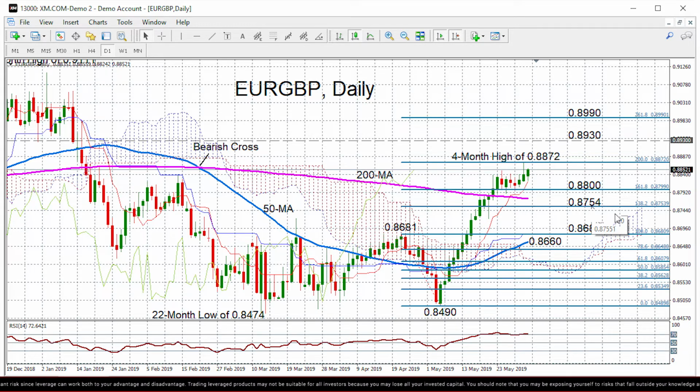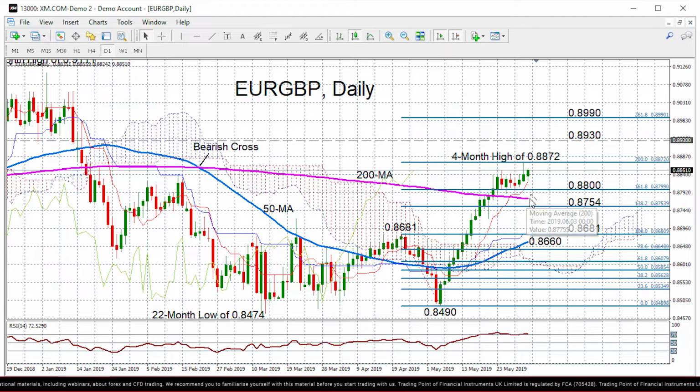Breaking below the 138.2% Fibonacci would weaken the positive momentum, and we could see prices declining towards the 50-day moving average at 0.8660, and then head back towards the Ichimoku cloud, and that would turn the short-term picture back to a neutral one.